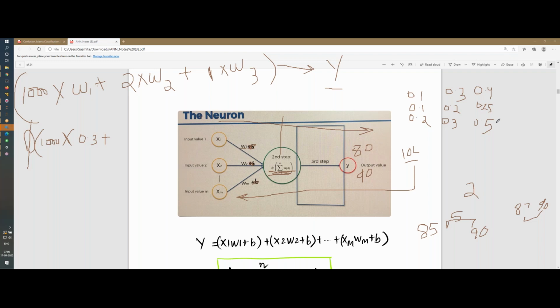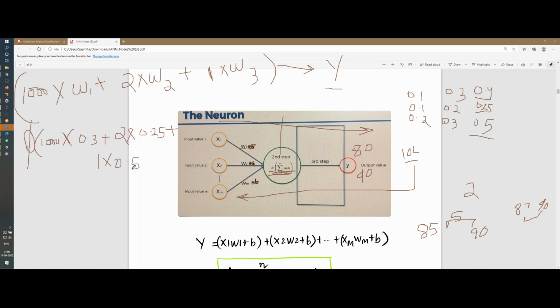But in today's class, you need to assume that somebody has given me these optimal values of W1, W2, W3: 0.4, 0.25, 0.5. Now in the neuron architecture, I will multiply my square feet with 0.4, my number of rooms with 0.25, and locality, let's say 1, multiplied by another factor W3, that is 0.5.